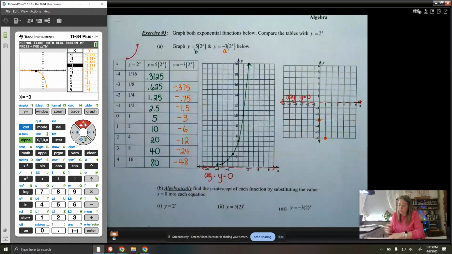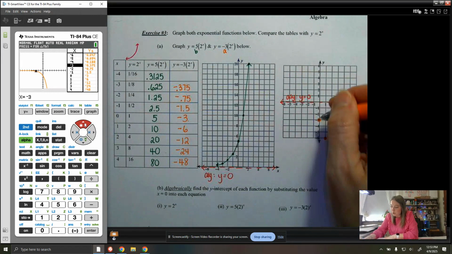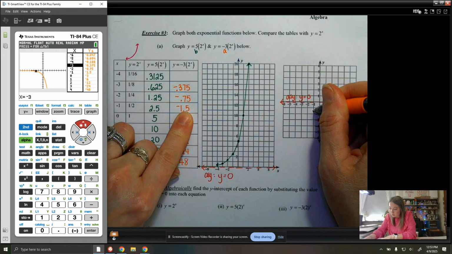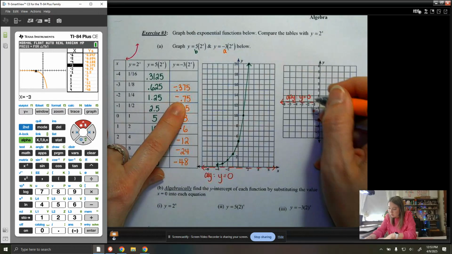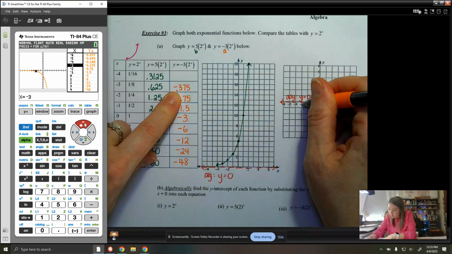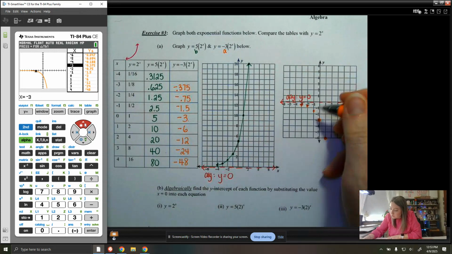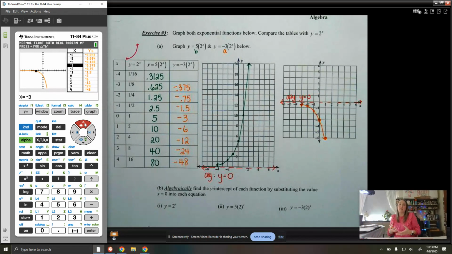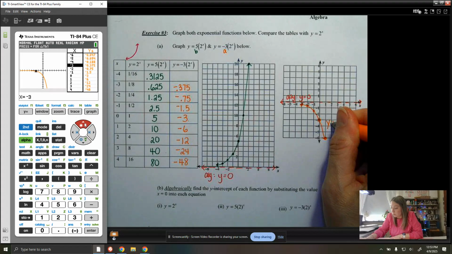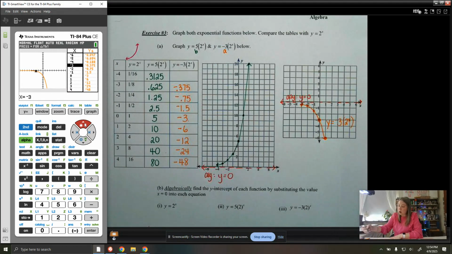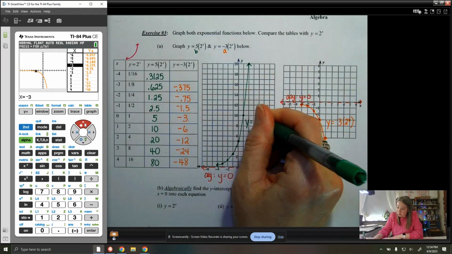And think about those backwards: negative 1, negative 1.5, negative 2, negative 0.75, negative 3, negative 0.375. Look at that. We're still trying to get to 0, but we're on the negative end trying to get to 0. Okay, so that is totally different from how we saw these before.